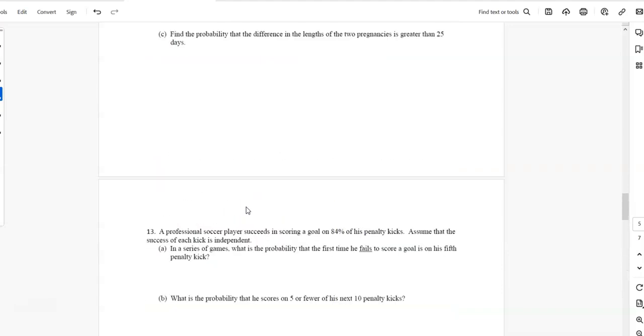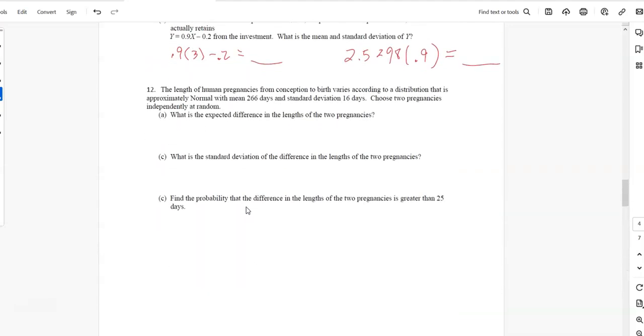Okay, 12. The length of human pregnancies from conception to birth varies according to a distribution that's approximately normal, with a mean of 266 and a standard deviation of 16.